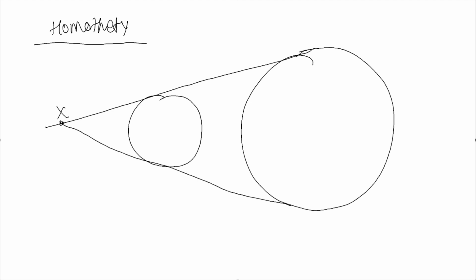Now let's take a look at this diagram, but from the perspective of point X. Imagine that you are standing on point X, so this could be you, and you are seeing each of these circles. What do you see exactly? Well, if you take a closer look, you end up only seeing this circle and none of this circle.